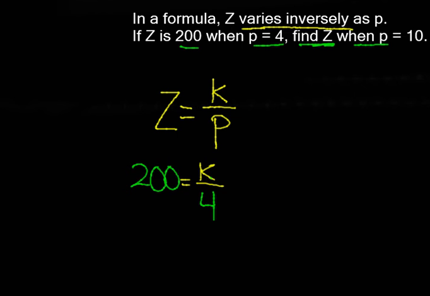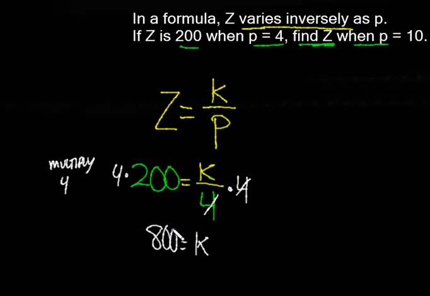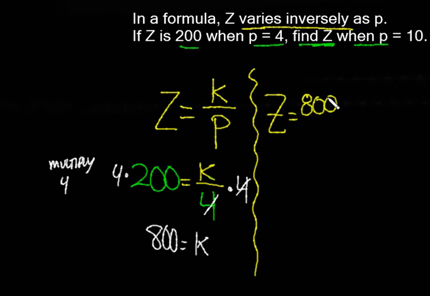So let's multiply by 4 to solve for K. 4 cancels a 4, so we're left with K. 4 times 200 is 800. So K has to be 800. So our equation is Z equals 800 divided by P. And then here's our actual question.